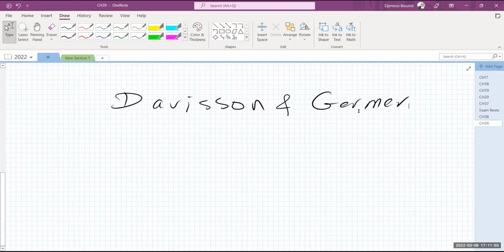It started with Mr. Germer working on the experiment by himself, shining it on tungsten, and later, when he was joined by Davisson, they started actually using nickel instead, and so this is basically the design.